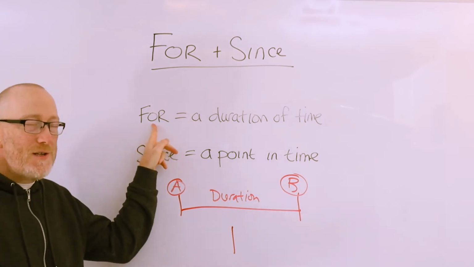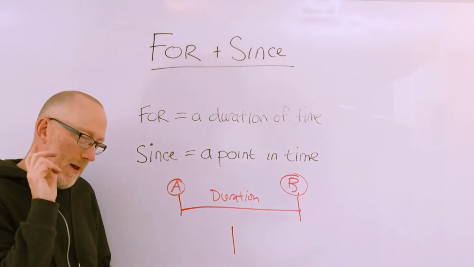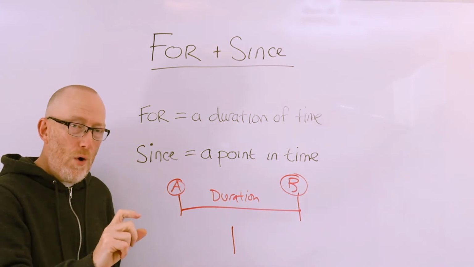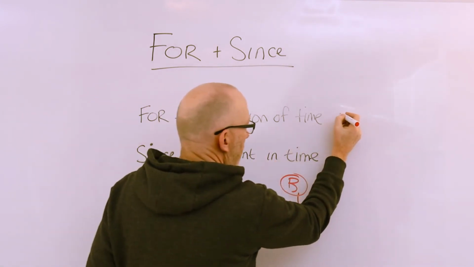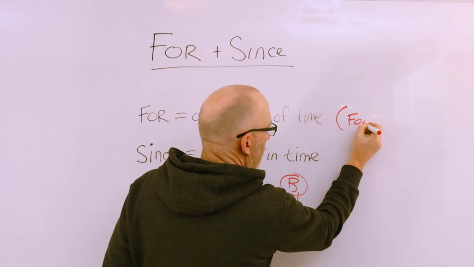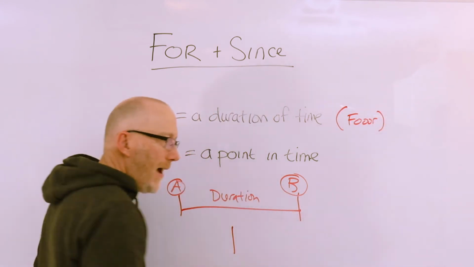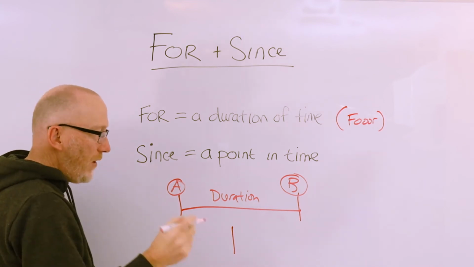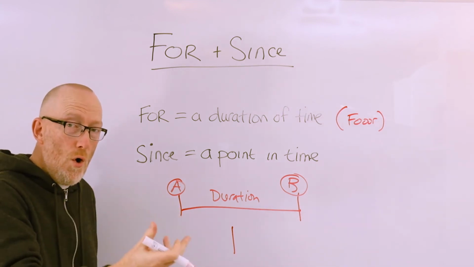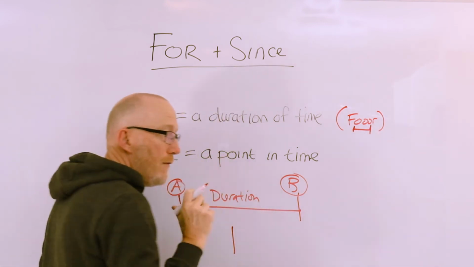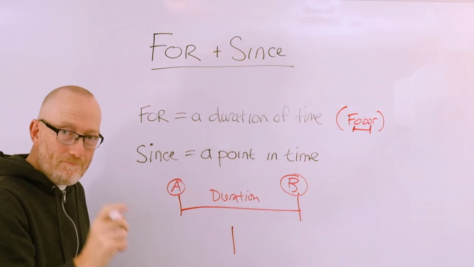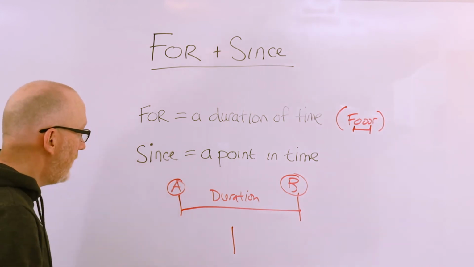So the pronunciation of for, if you listen, is for. The O is elongated, so it kind of sounds a little bit like that. So if you imagine when you're saying for, you're elongating the O over a duration of time. Yeah, if that makes sense.